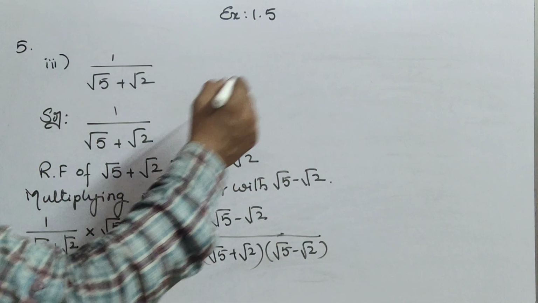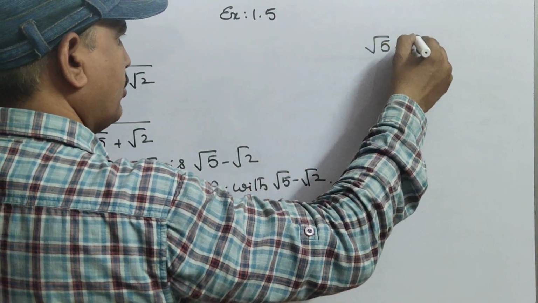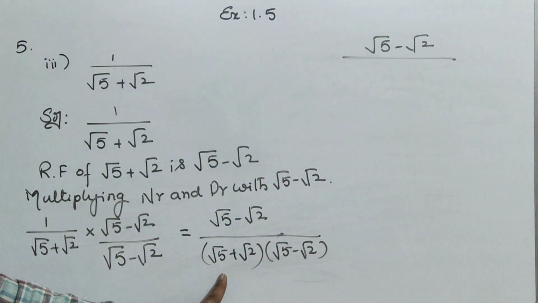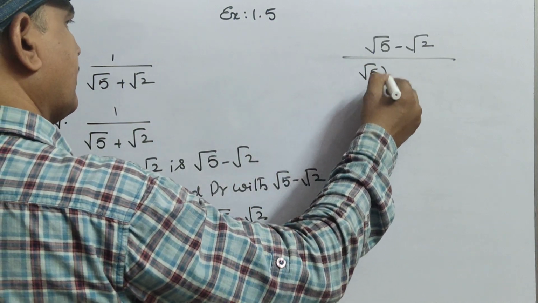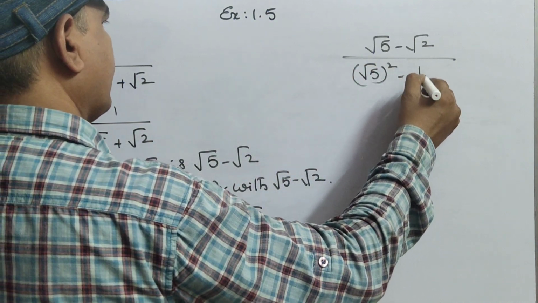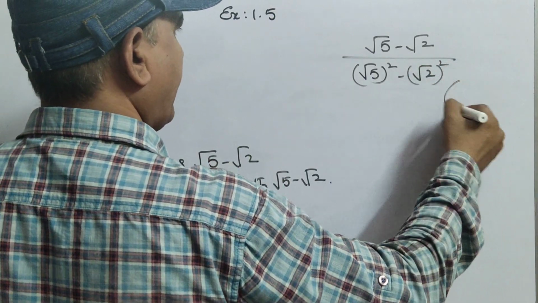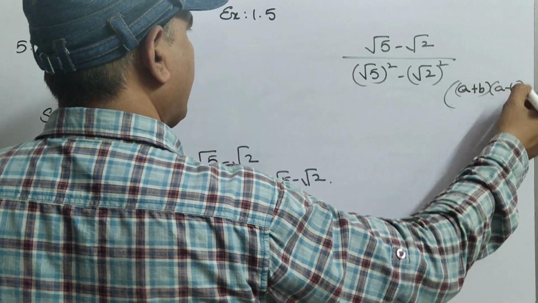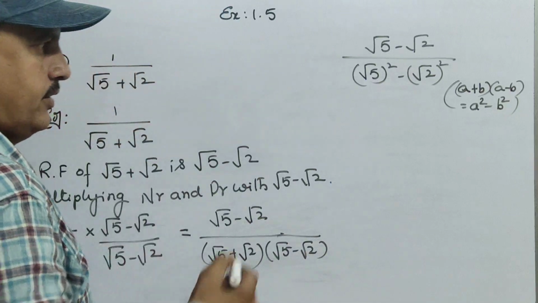Now again root 5 minus root 2 by, it is looking like a plus b into a minus b. So a square minus b square, that is root 2 whole square. So here you applied a plus b into a minus b equals a square minus b square.